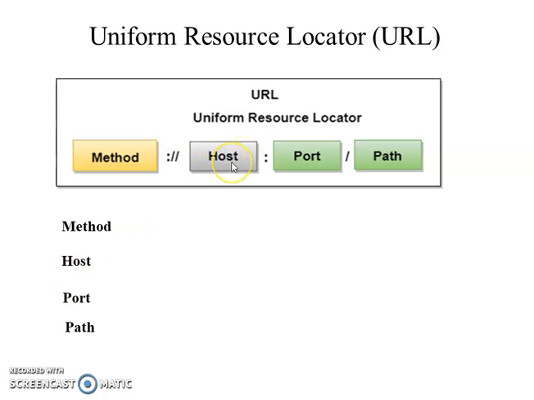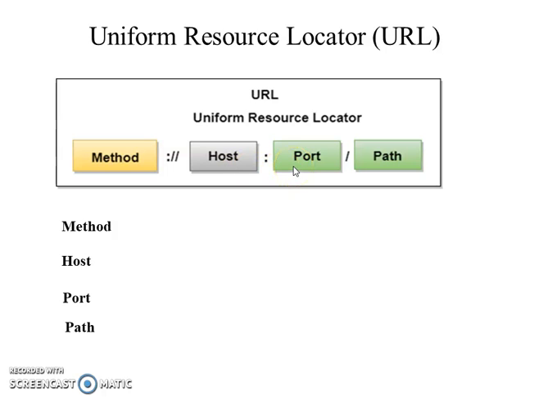The host is a computer where the information is stored, and the computer is given an alias name. Web pages are mainly stored in a computer, and the computer is given an alias name that begins with the characters www, World Wide Web. The field is not mandatory.